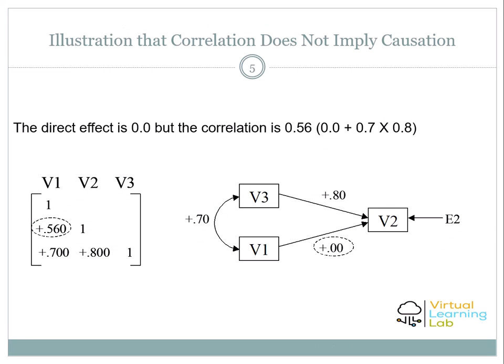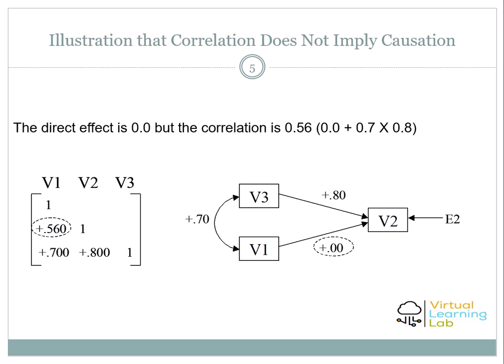So you cannot infer any causal relationship from a correlation. This demonstrates the statement that correlation does not imply causation. Here to the left, we have a correlation matrix that shows a positive relationship of 0.56 between V1 and V2.